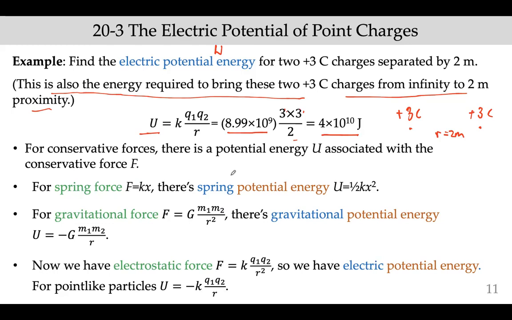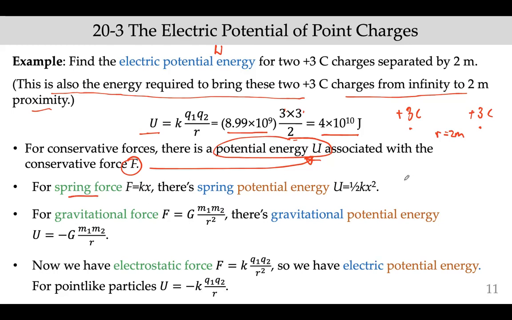Now for conservative forces, there's a potential energy U associated with the conservative force. If you have a conservative force F, then there's always a potential energy associated with it. For example, a spring force is a conservative force.